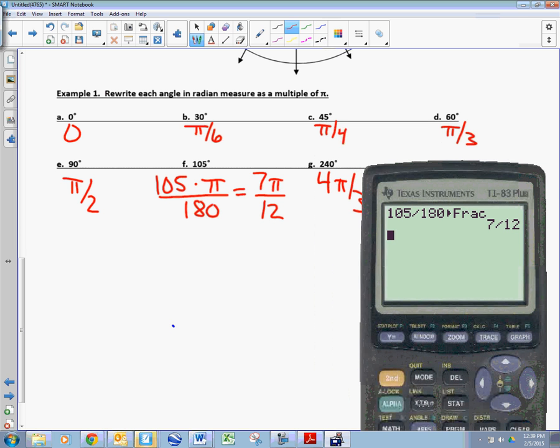If 30 is pi over 6, what would 15 degrees be? Pi over 12. And I know that 15 goes into 105 7 times. So now I've got another way to get 7 pi over 12. There are all sorts of ways like that. So we'll be able to convert back and forth between degrees and radians using our formula.